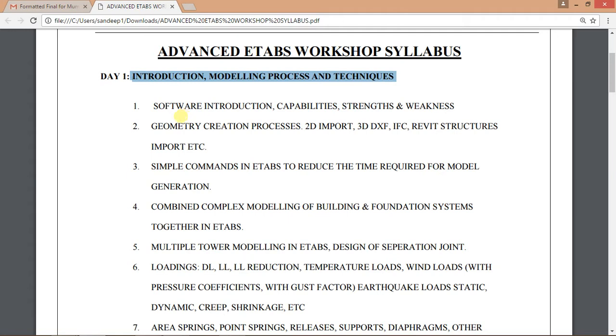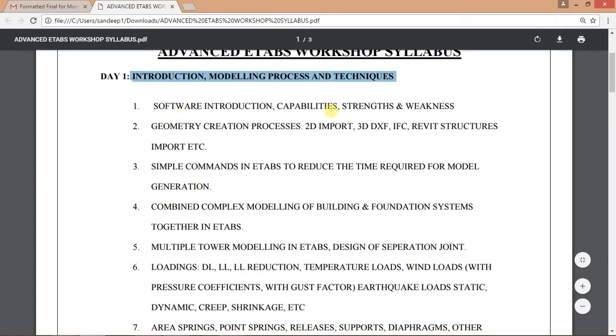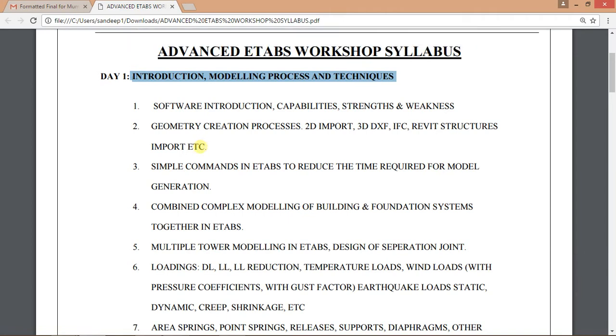These are the topics in which the complete software introduction, capabilities, strengths and weaknesses, the geometry creating process, 2D, 3D, IFC, then Revit Structures, how we can input the file, export the file, etc. So those things would be conducted during the first day.